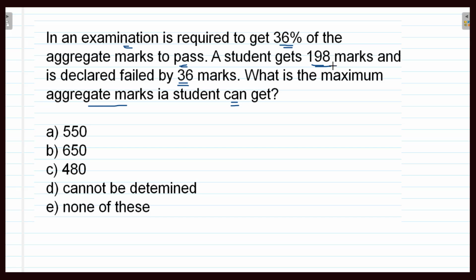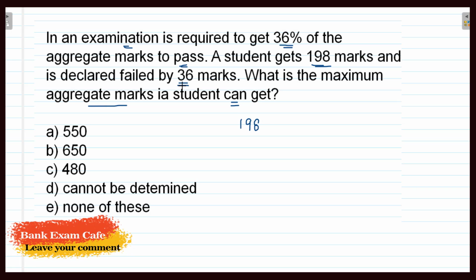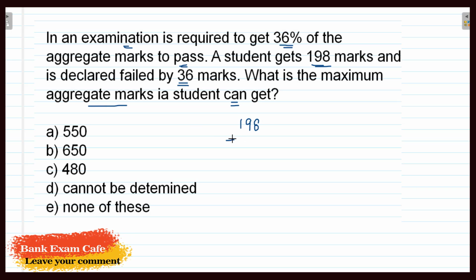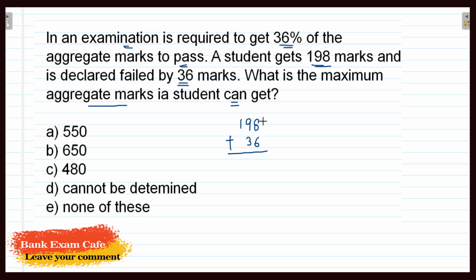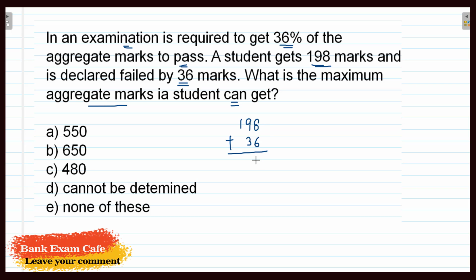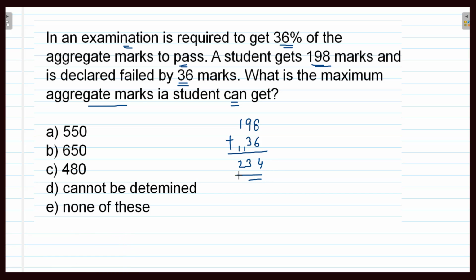So here a student gets 198 marks, but he fails by 36 marks. So total marks required to pass will be 198 plus 36, and 198 plus 36 will be 234.